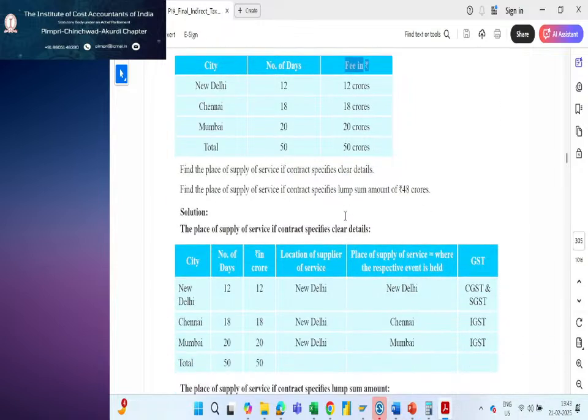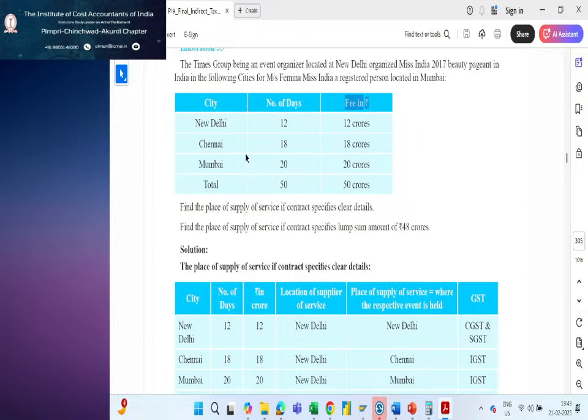Now, for CGST, SGST or IGST, first let me fix what our place of supply is. For the first case, the event organizer is from New Delhi, and the city where the competition is held is also New Delhi. Hence the place of supply of services is New Delhi, and CGST and SGST are applicable.